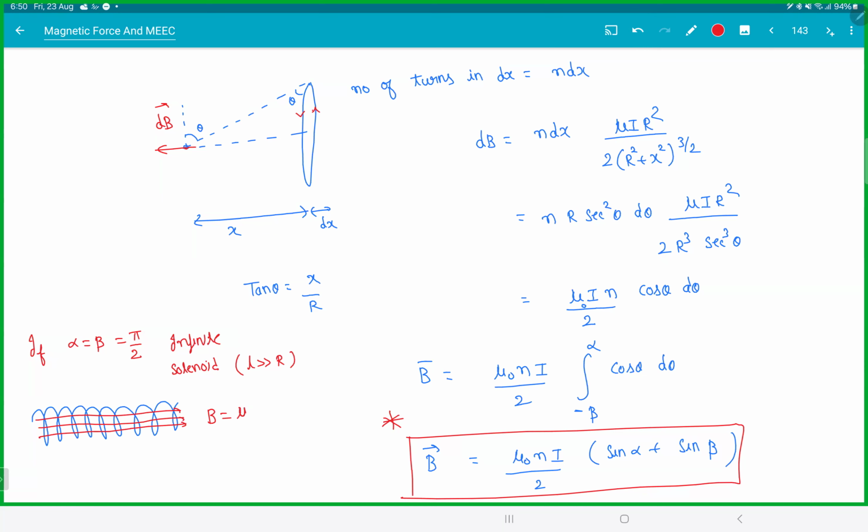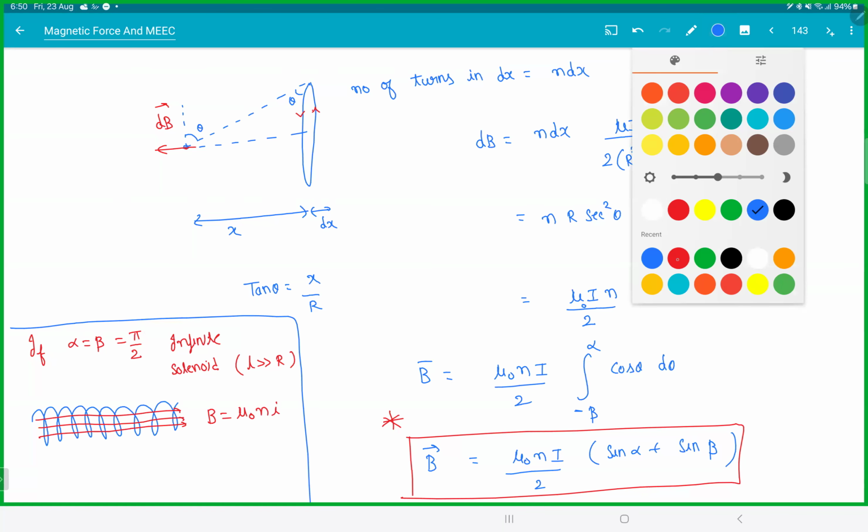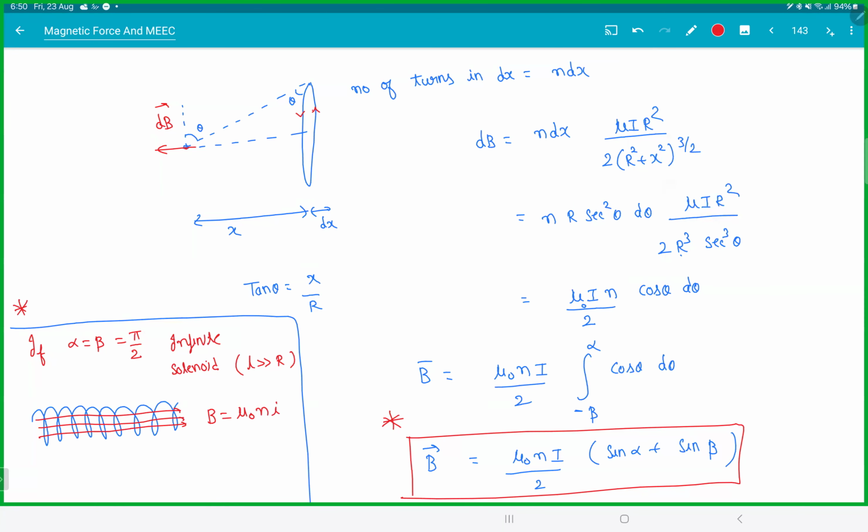We get B is equal to mu naught N i. That would be another good standard result. Just like a capacitor in electrostatics is an energy storing device, which stores energy in the form of electric field, a solenoid is a device which stores magnetic energy. We call it an inductor later on.